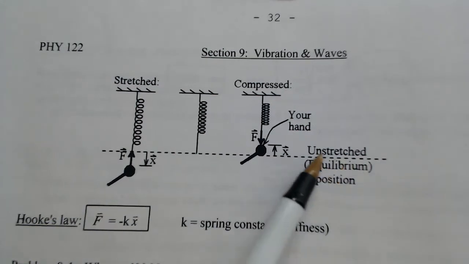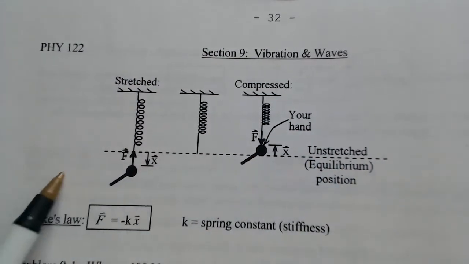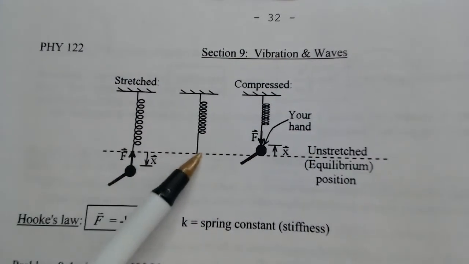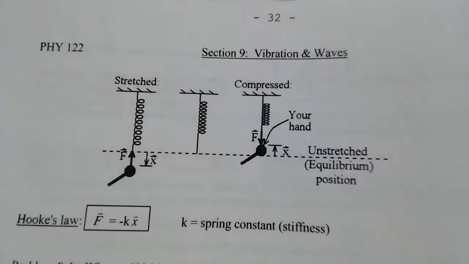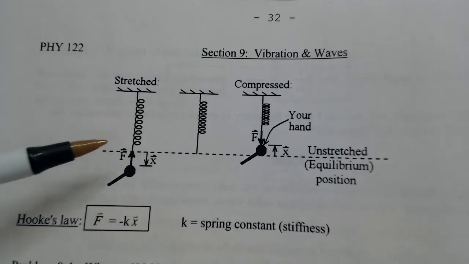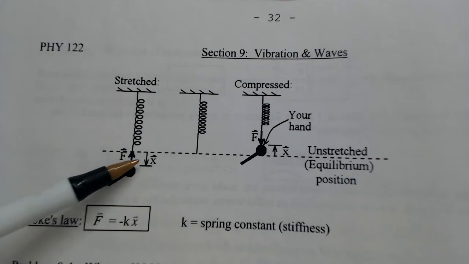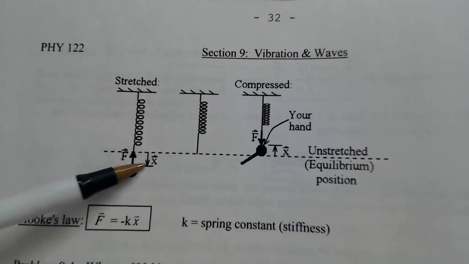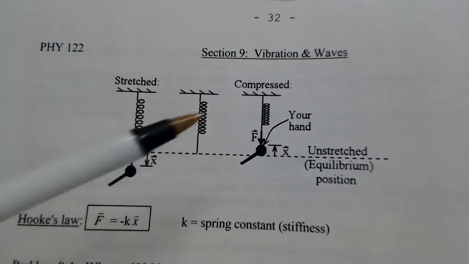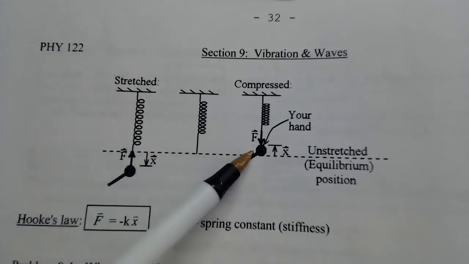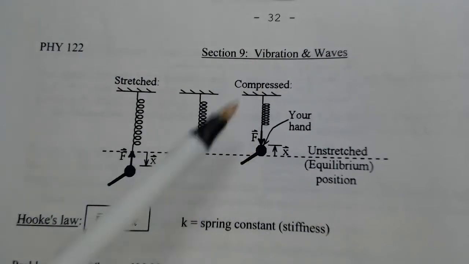The horizontal dotted line there is where the bottom of the spring would be if you weren't doing anything to disturb it. In the picture on the left, you've stretched the spring downward a distance x. In the picture on the right, you've compressed it upward a distance x.